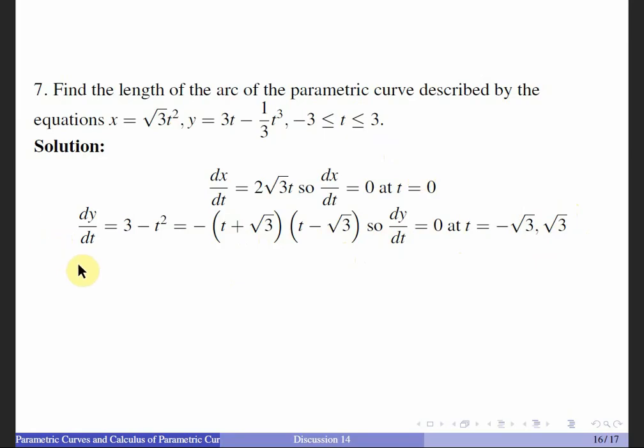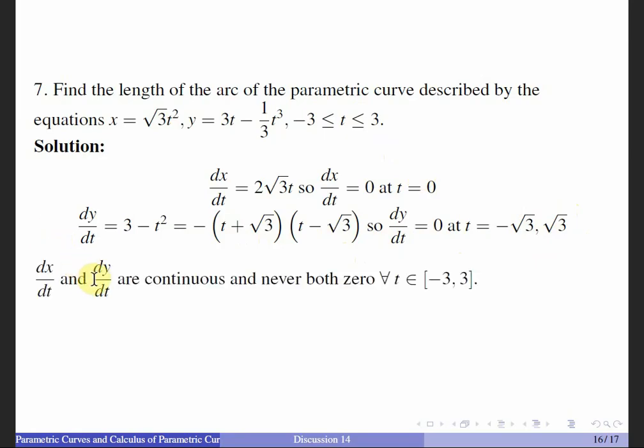Okay, so definitely both derivatives are continuous in the interval, since we have polynomials, so definitely they are continuous everywhere. And when you look at the values of t that make the derivative 0, all of them are mutually exclusive, so I know that they are never both 0 in the interval. And so the curve is smooth in the t interval, closed interval, negative 3 to 3.